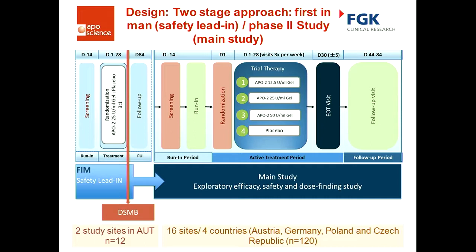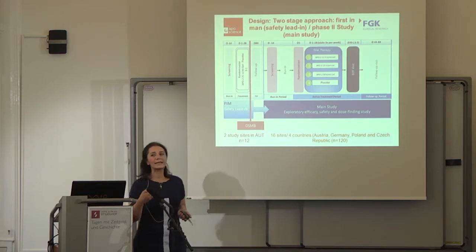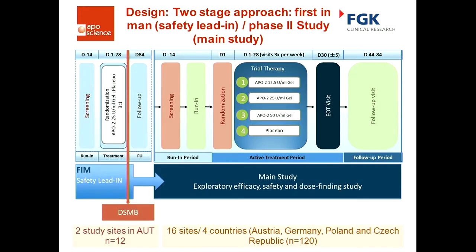After the first month of treatment, the end of treatment visit will be where we generate the primary endpoint. And this is the wound closure, actually the percentage of wound reduction at the end of treatment visit. Now you can see that we have a further 8 weeks follow-up. The follow-up of diabetic wounds is very important because we want to see what happens to the wound if you stop the treatment.